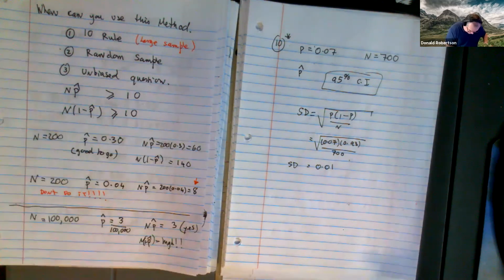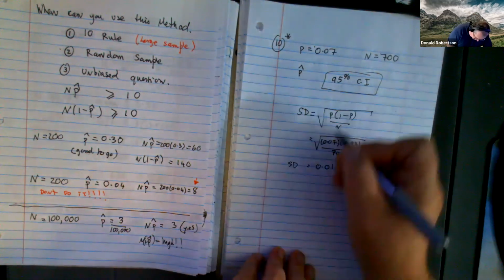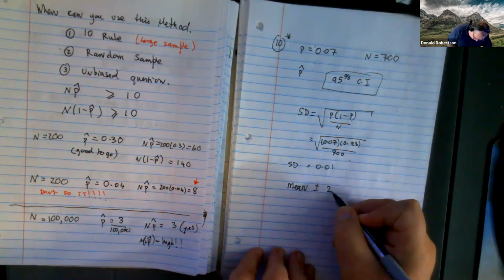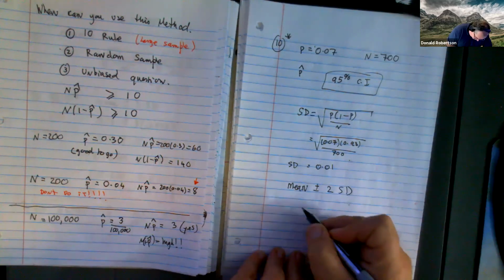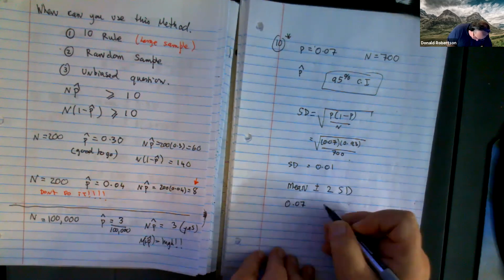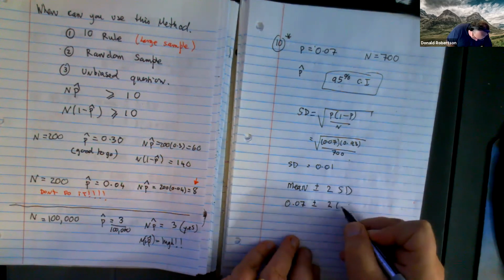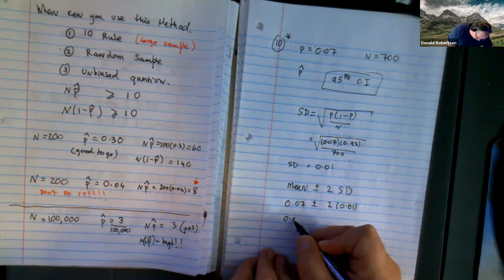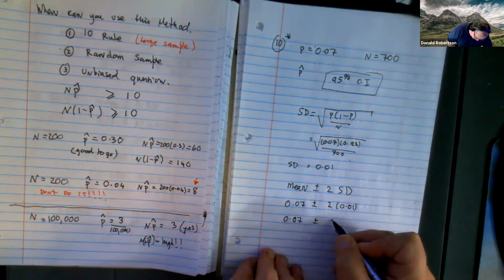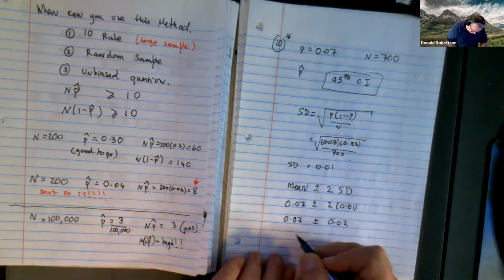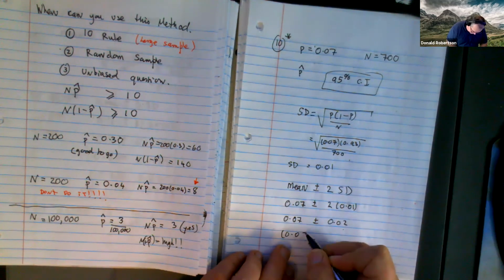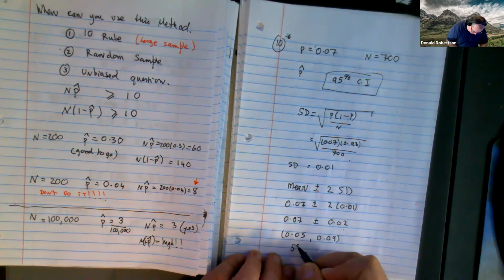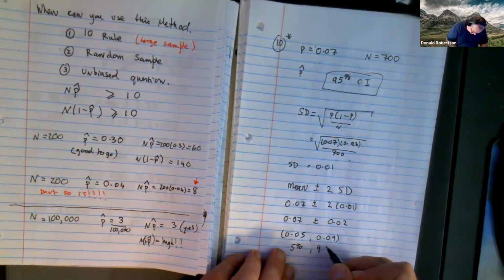Okay. Then for a 95%, isn't it going to be the mean plus or minus 2 standard deviations? So it's going to be 0.07 plus or minus 2 lots of that. Okay, it comes out nice. 0.07 plus or minus 0.02. So 0.05 to 0.09. So somewhere in the region 5% to 9%.